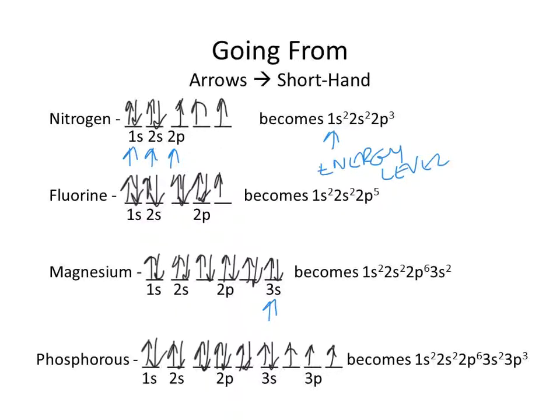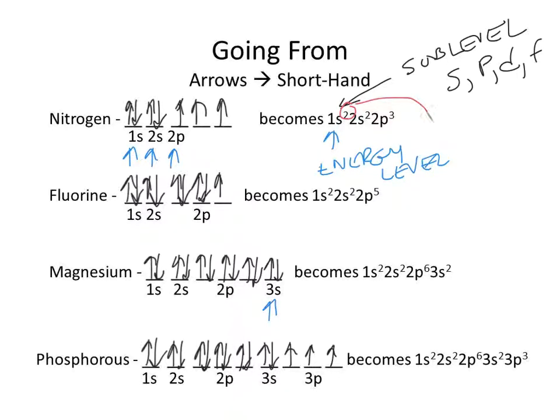Okay, energy level. The symbol here, or the letter, represents the sublevel. So you will see S, P, D, and F. And then the last thing that we're going to look at is this number right here.